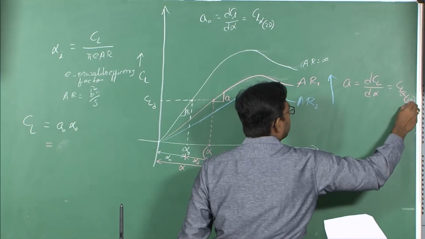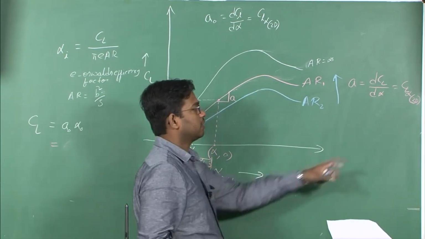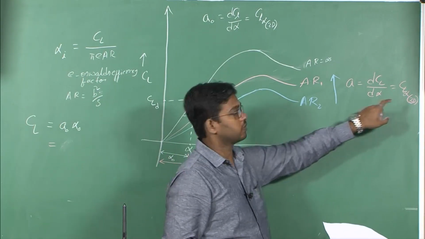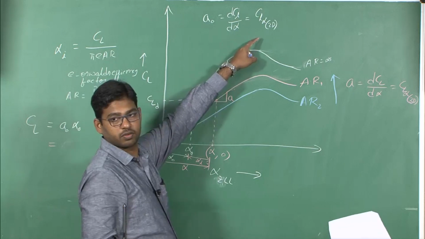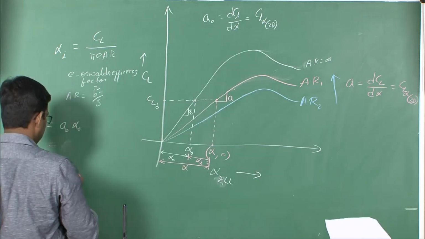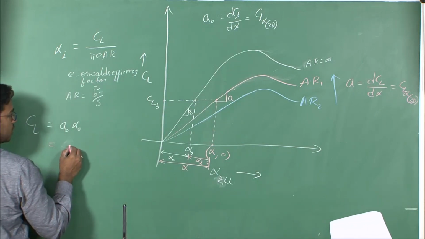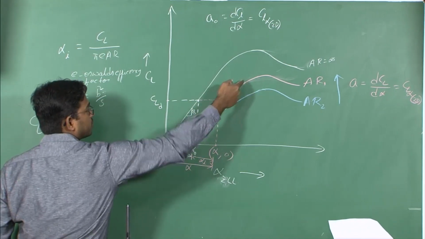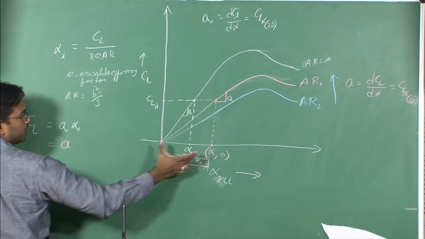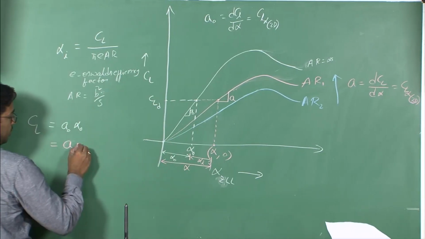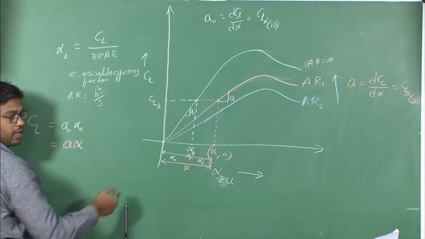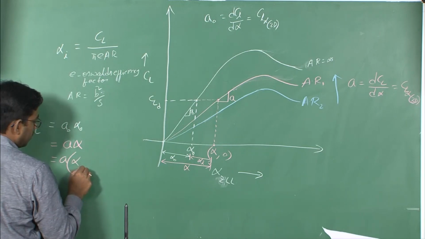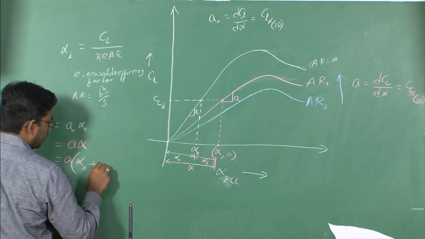So capital CL represents the 3D lift curve slope, whereas small Cl represents the 2D Cl alpha here, okay. So CL equals the lift curve slope of this wing multiplied by the corresponding x, that is alpha here. Right, so this alpha is alpha naught plus alpha I.